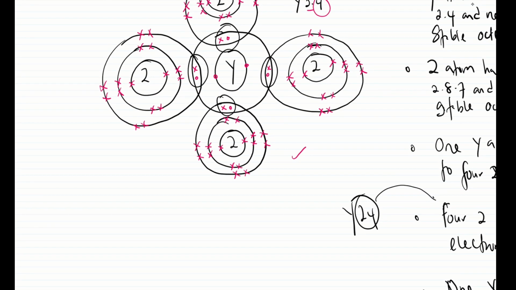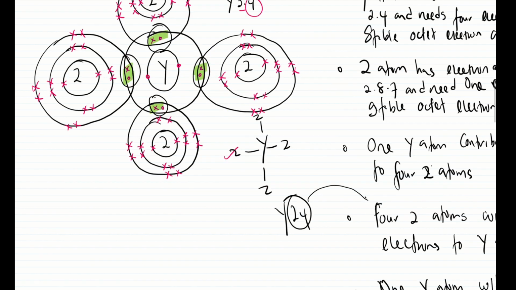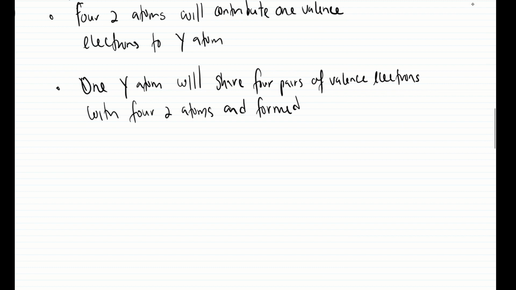We check the sharing shell here, got 2, 2, 2, 2. That means they form 4 single covalent bonds. Please remember, they will form 4 single covalent bonds.